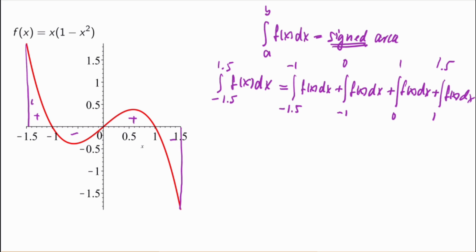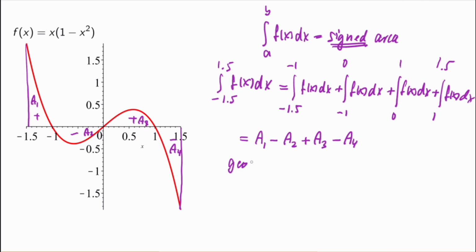So let's call this area now A1, this area A2, this will be A3, and this will be A4. And we computed A3 and A4 already. Now from the graph, and also from the symmetry maybe, you can see that A2 and A3 are actually the same size. So then we get A1 minus the size of A2 plus A3 minus A4.